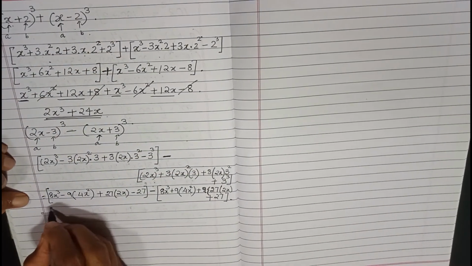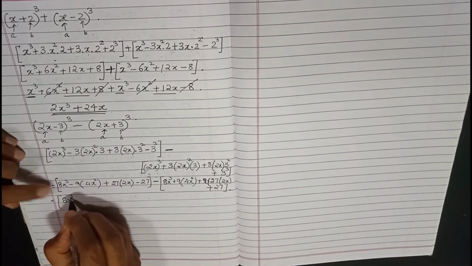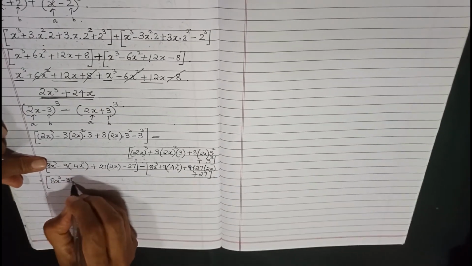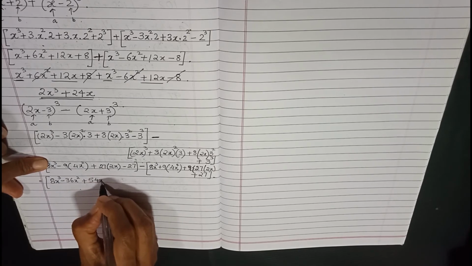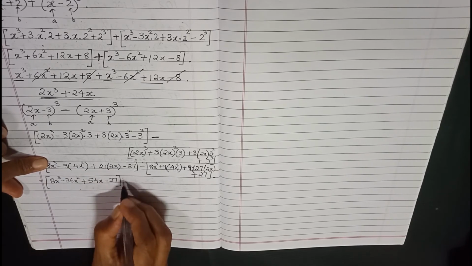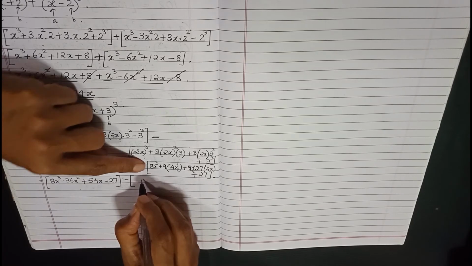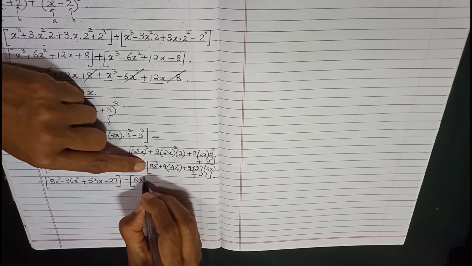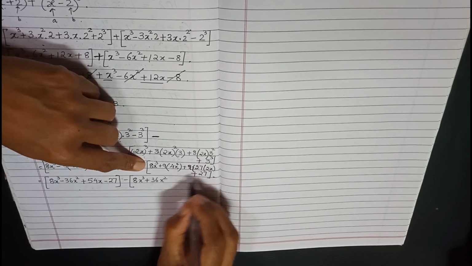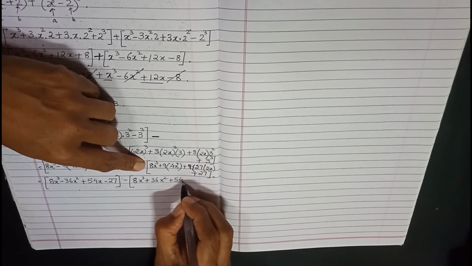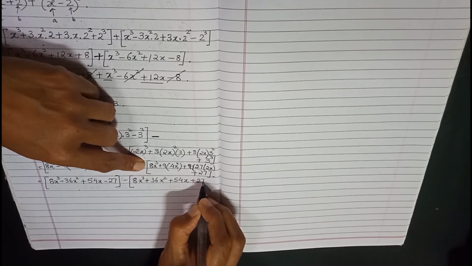So let's solve it further now. 8x³, 9 4s are 36x², 27 into 2 is 54x, minus 27. The first bracket. Now the second bracket: 8x³, 9 4s are 36x², 27 into 2 is again 54x, plus 27.